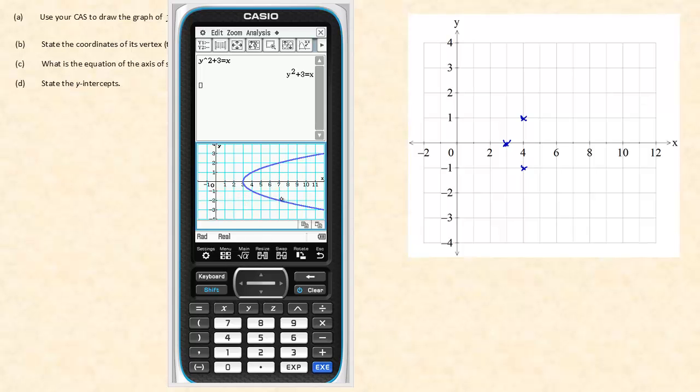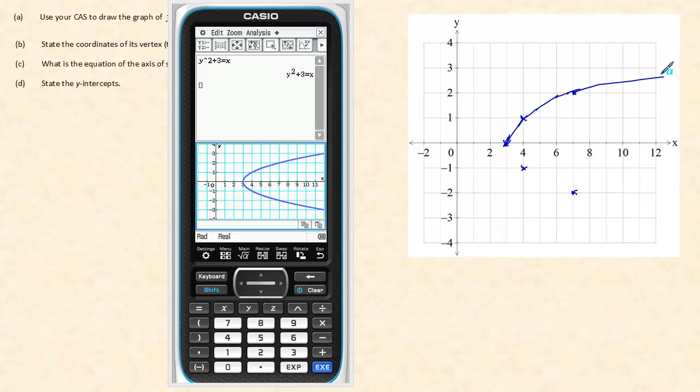At 7, it goes through 2 and -2, and this is not too hard to work out because from here this is 1 unit and this is 4 units, so we're going up in the square numbers. So we're not actually going to find another one, but we've got a rough idea of what it looks like.